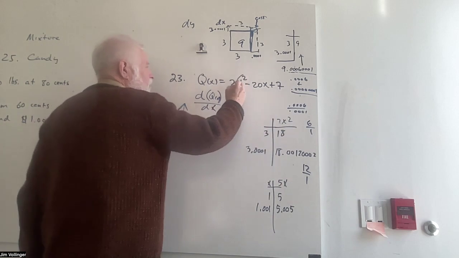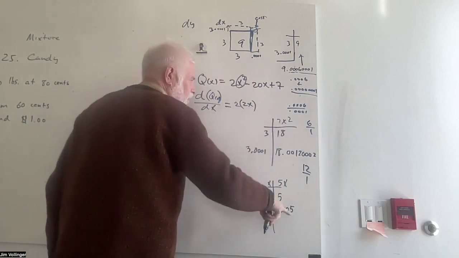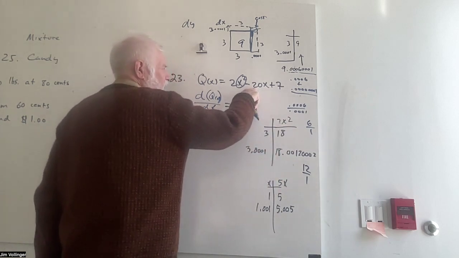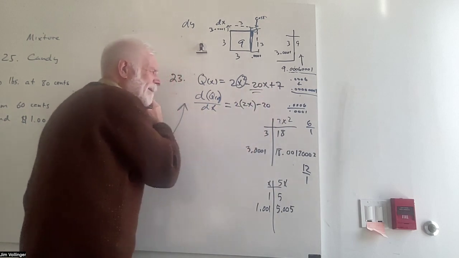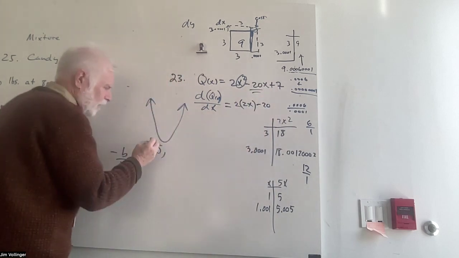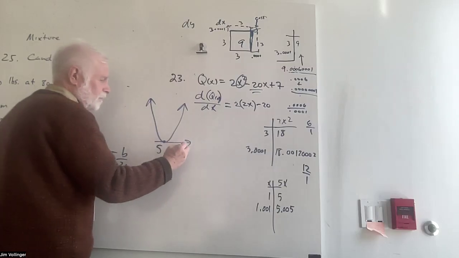So the rate of change of x squared is 2x, and I'm doubling it. That's what I tried to show here. And the rate of change of a linear function is minus 20, it's just the slope. And I know the rate of change at that x value, the slope, is 0.